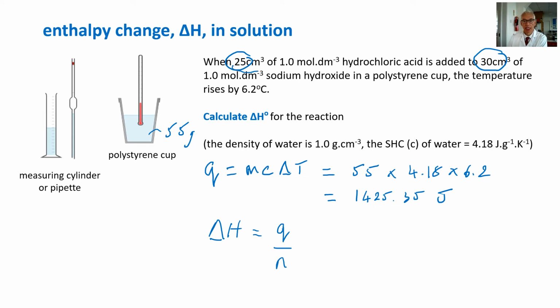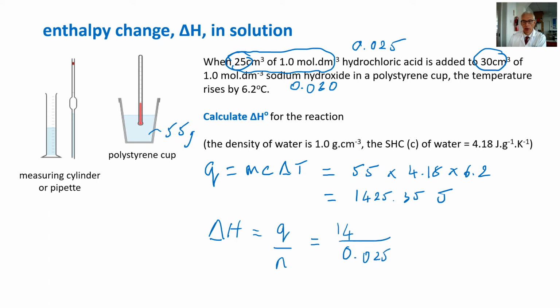Well, I'm going to look at the data here and say the moles of hydrochloric acid were 0.025, whereas the moles of sodium hydroxide, volume times concentration, 0.030 moles. So the moles of hydrochloric acid are the limiting reagent. If you need to review that, look at some earlier lessons. So the number of moles reacting is the number of moles of hydrochloric acid.